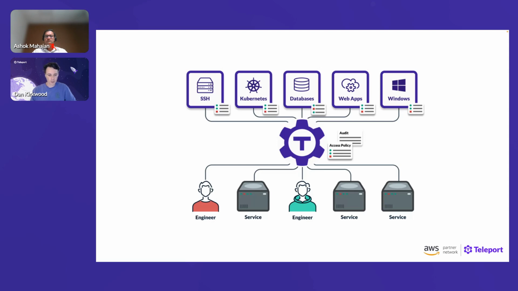And it does this for two different types of client. We'll focus mostly today on users, and this might be engineers. In the context of databases, this might be analysts. This could be platform engineers, security engineers, but we do this for services as well.